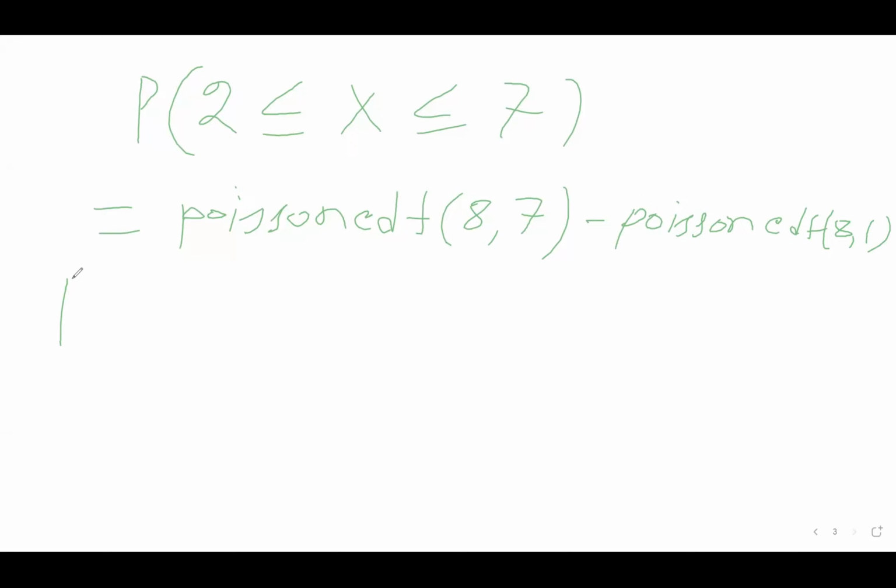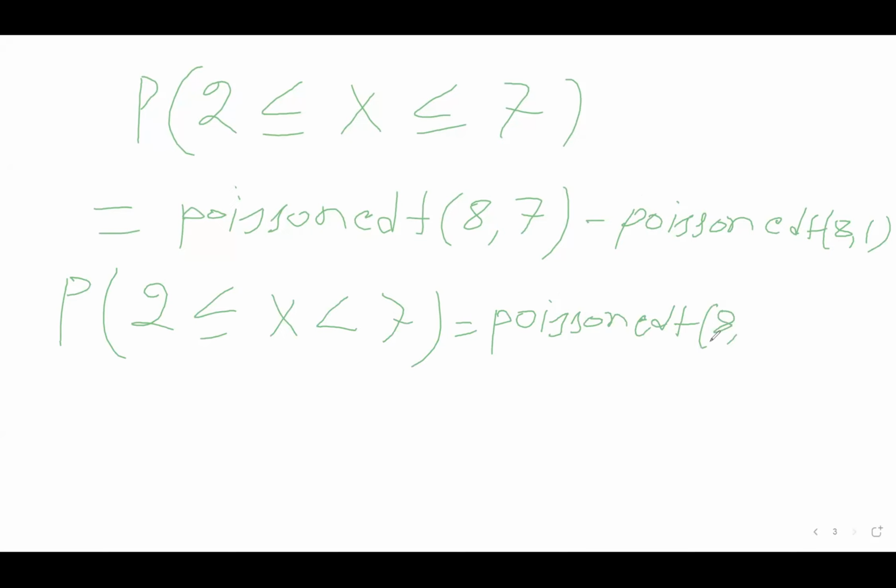So similarly, if you have, for example, P(2 ≤ X < 7), how can I find this probability? Poisson CDF 8. Should we write 7 or 6 in this case?